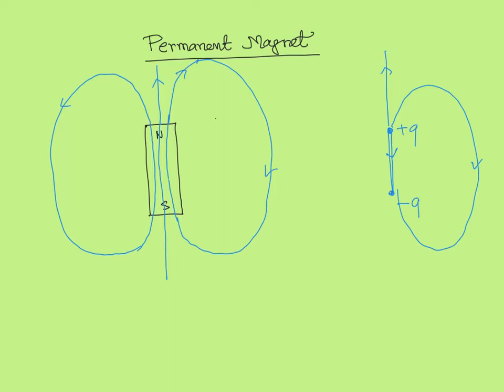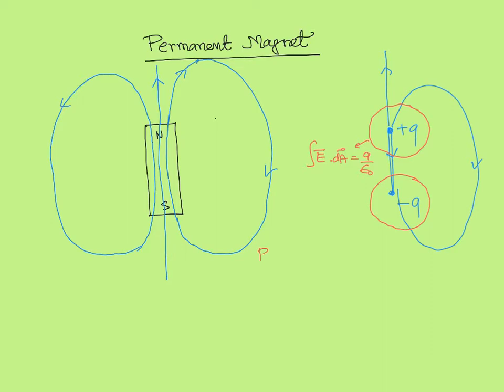The reason is that this plus charge can be thought of as a source of electric flux, and this minus charge can be thought of as a sink of electric flux. So across this, the integration of E dot dA is equal to q by epsilon naught.